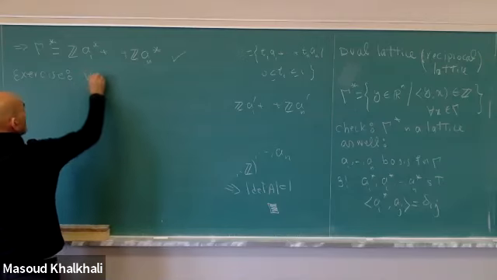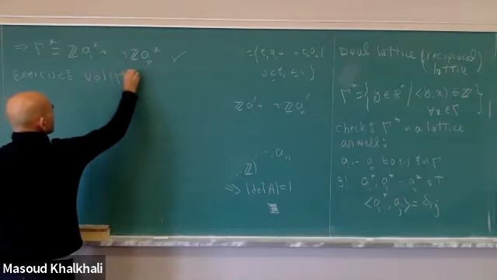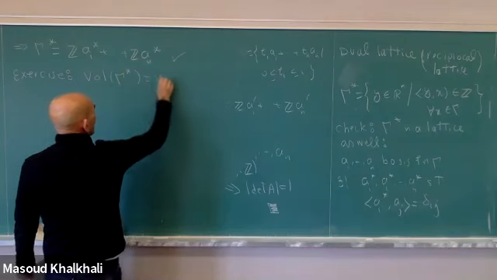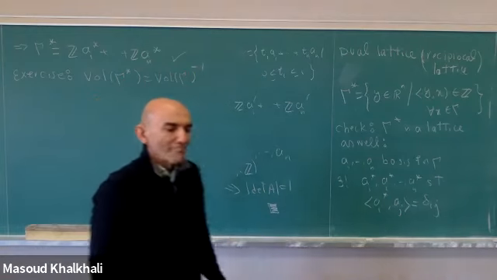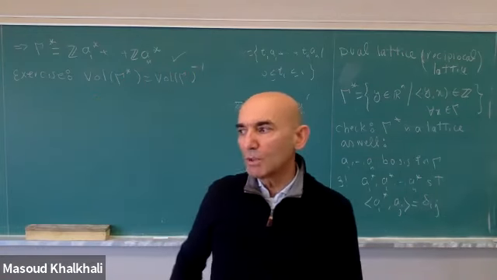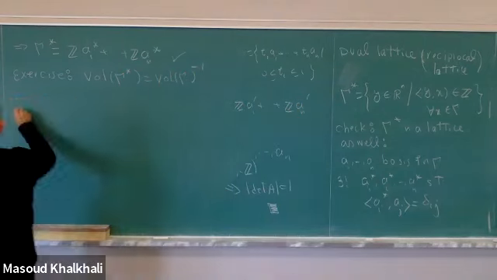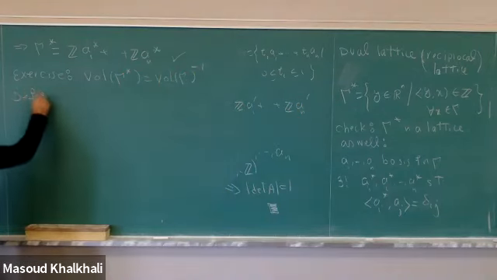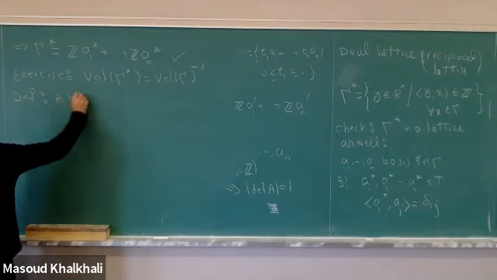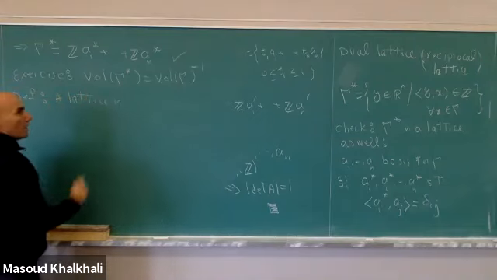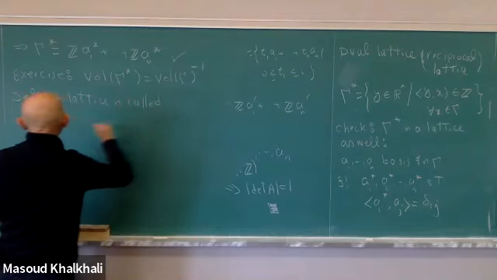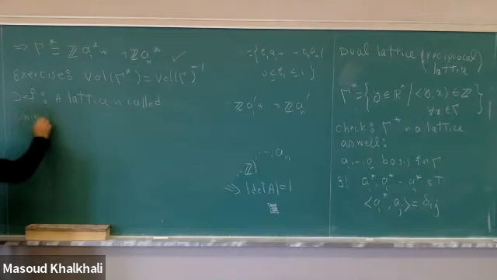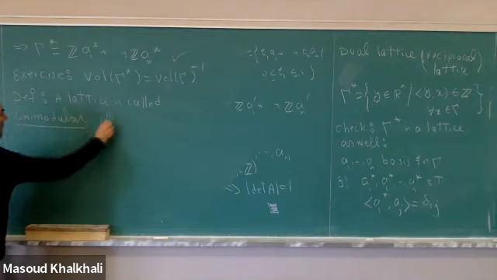So the exercise shows that the volume of gamma star is equal to the volume of gamma inverse. Now, a lattice is called unimodular if its volume is 1.